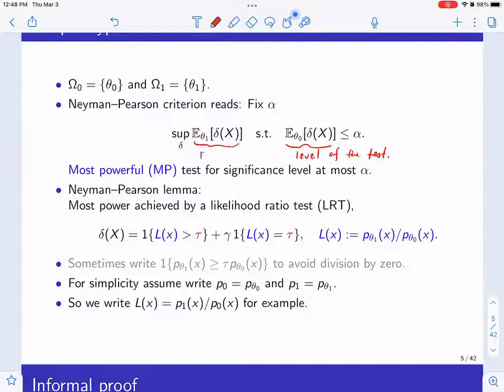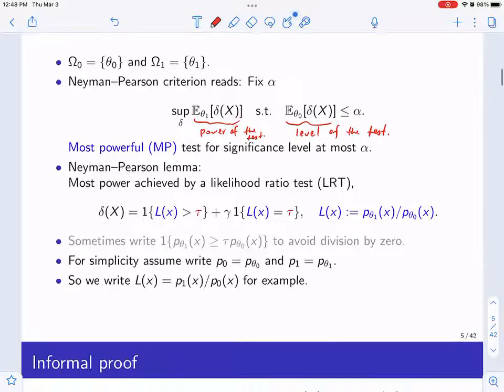The Neyman-Pearson criterion suggests solving this optimization problem: maximize the power subject to an upper bound on the level. A solution of this would be called a most powerful test for significance level alpha, or at most alpha. What the Neyman-Pearson lemma tells us is that the solution is given by a likelihood ratio test.